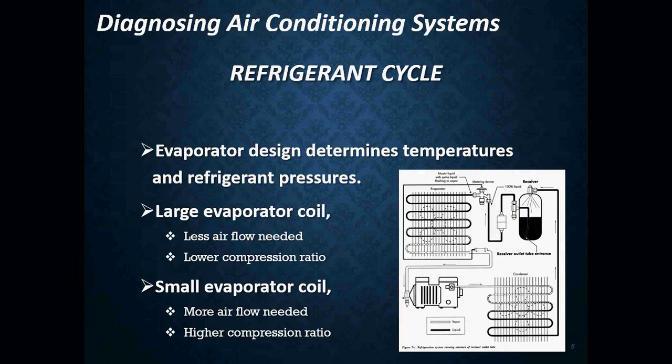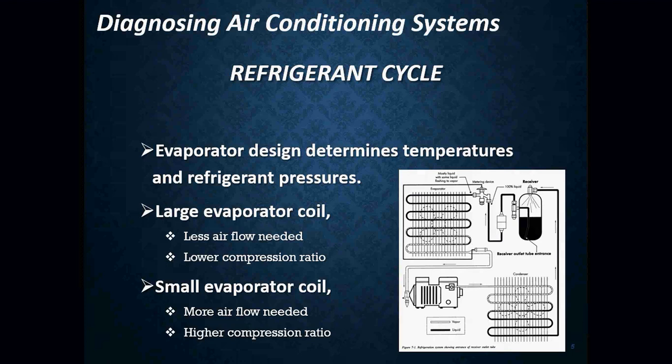Now, why is that? Because now the compressor has to push that refrigerant through a much larger area. So when that happens, that evaporator is now able to absorb much more sensible and latent heat because it's bigger. So therefore, my temperature difference may not be as great as it would be for a smaller evaporator.